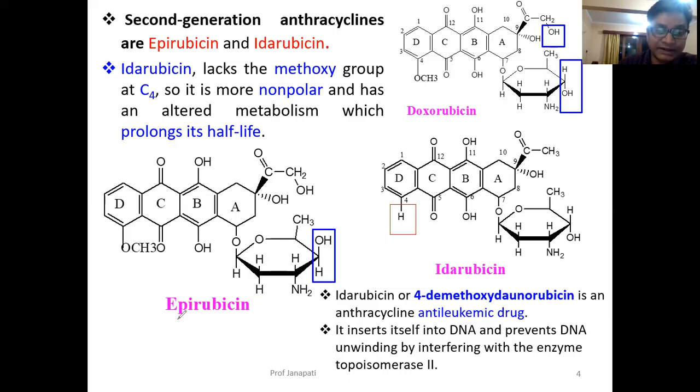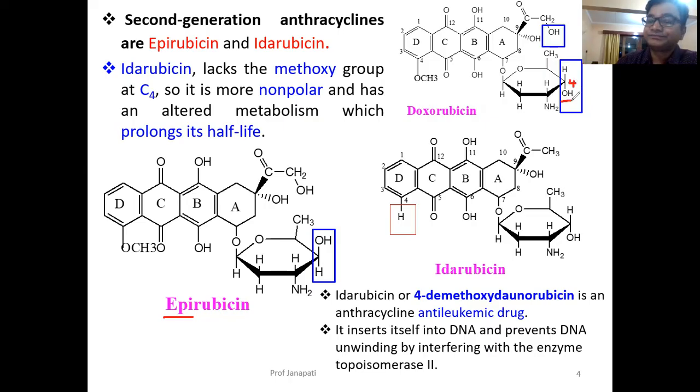You might have learned in carbohydrate chemistry what we mean by epi. Epi refers to isomers which differ at one carbon, with the remaining stereochemistry at the other carbons the same. That's why here the stereochemistry at all the carbons is the same as doxorubicin except at the fourth position.